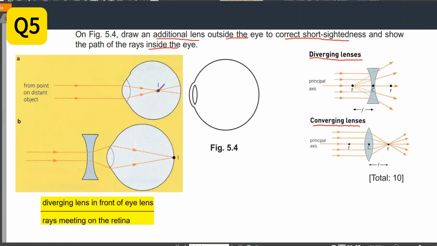First, we have the problem of the short-sightedness. If we put the diverging lens, what will happen? The diverging lens will disperse the light.